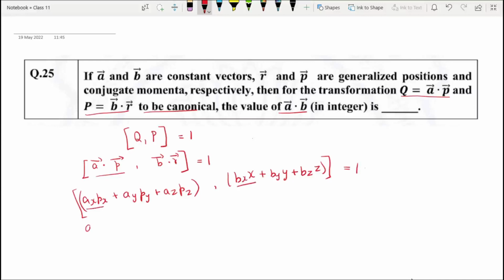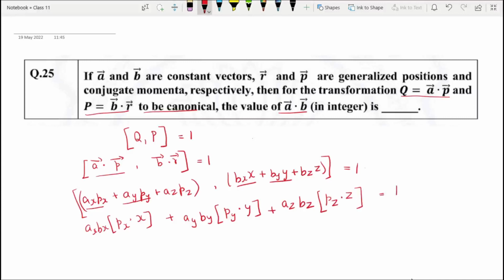This can be written as AX BX into the bracket of PX comma X, plus, similarly take the Y term here and here, so AY and BY is a constant into the bracket of PY comma Y, plus AZ BZ into the bracket of PZ comma Z, that is equal to 1. So for the remaining combinations it will be 0.